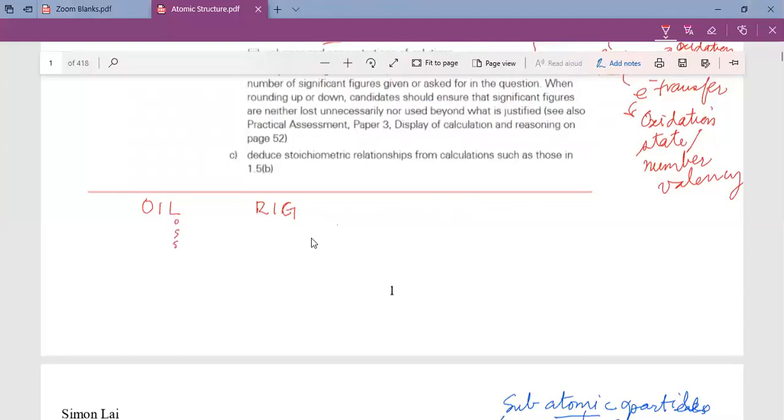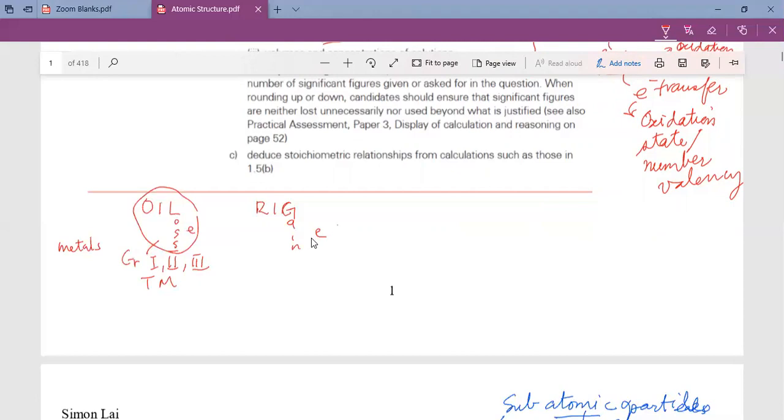Reduction is gain of electrons. So this fellow here is group 1 metals. So they lose electrons: group 1, group 2, group 3, and your transition metals.